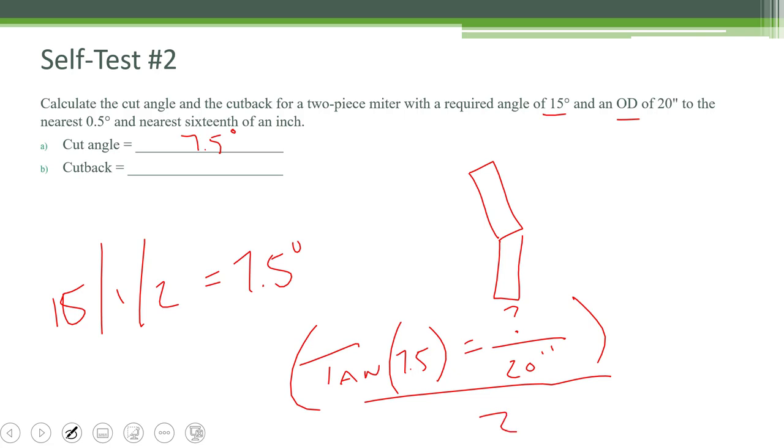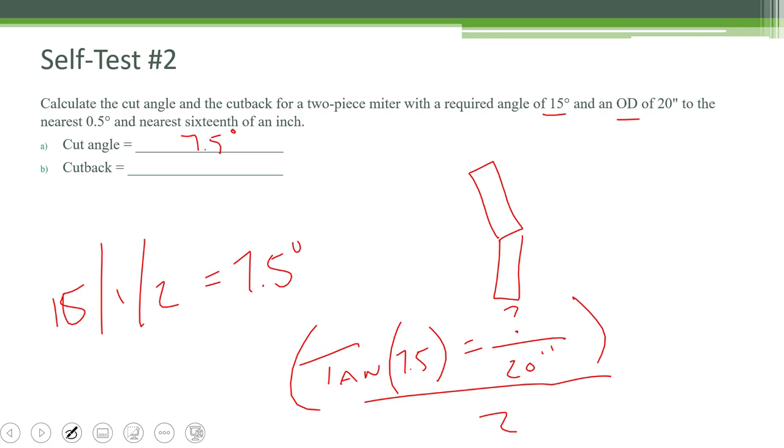Okay, so how I solve this is 7.5 tan times 20. Okay, and that equals 2.63 something or other.